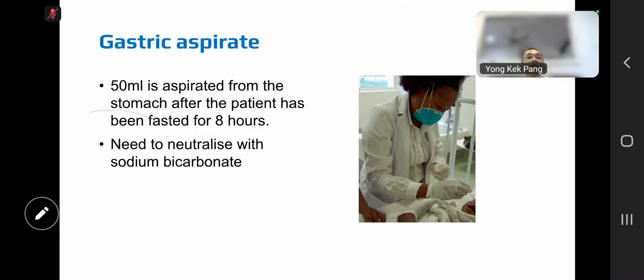This is to neutralize the acid, because this mycobacterium, although quite resistant to acid, can still be killed by it. So we neutralize it to preserve the survival of the mycobacterium. Then the sample is sent to the lab for further investigation.